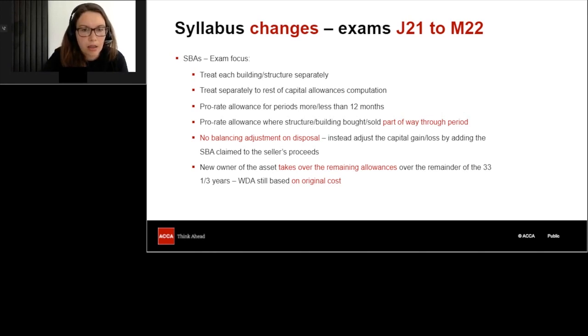Next question we've got: can Ang only claim on the amount that Sophia paid for it? Yes, that's correct. So we always go back to the original cost. Remember, SBAs is only for newly constructed structures.